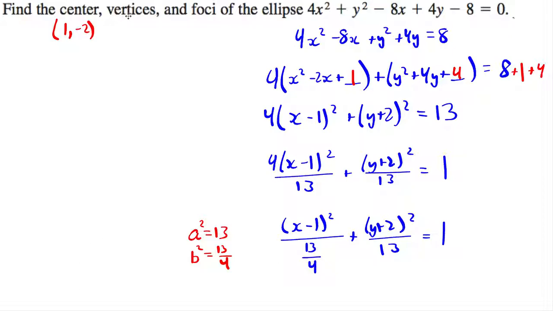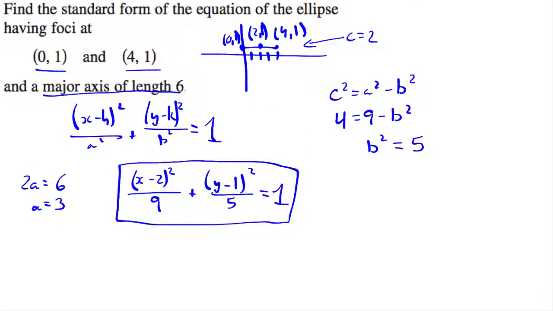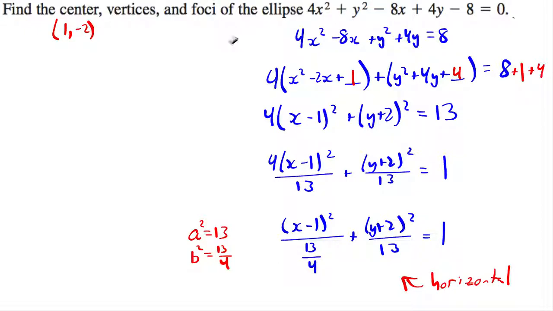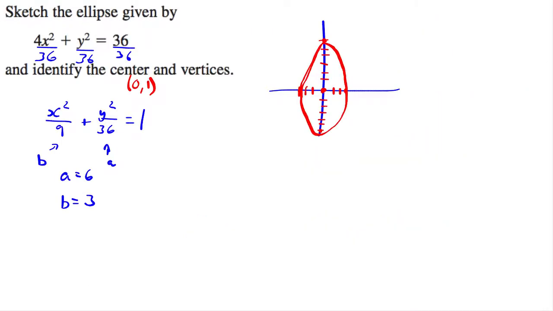The vertices, we're going to add A to both sides along the major axis. So from this, because A is larger, we can see that this has a horizontal major axis. Oh sorry, not horizontal, that's a vertical. Okay, so vertical major axis.